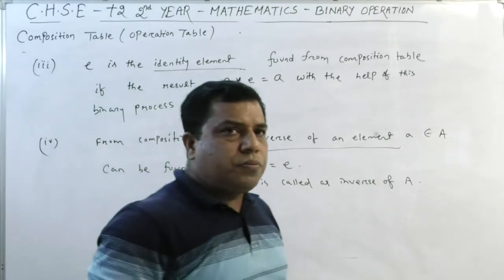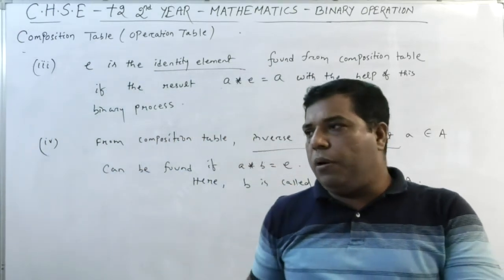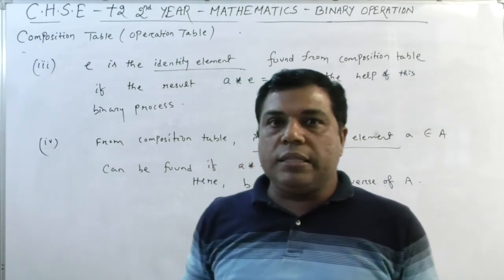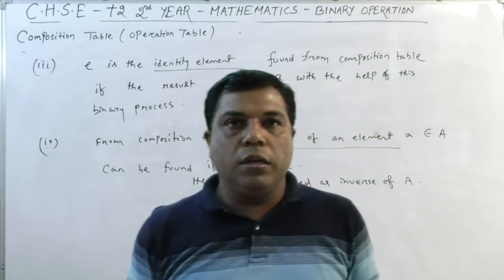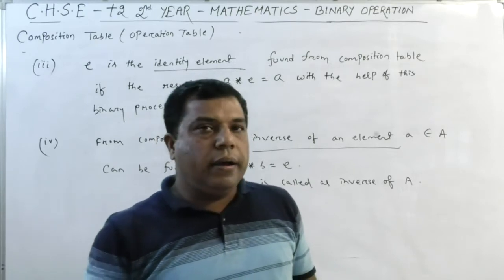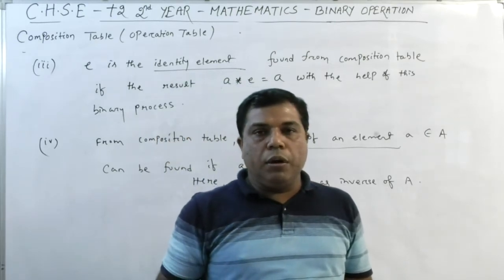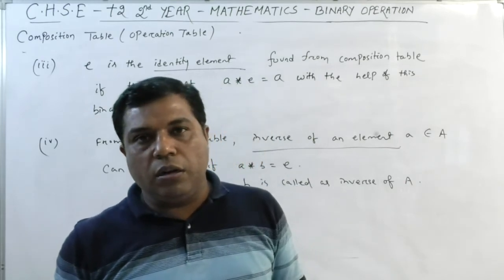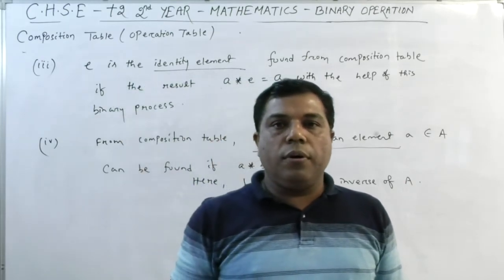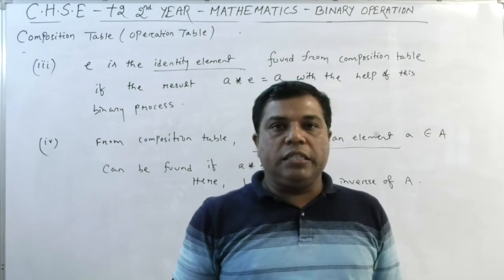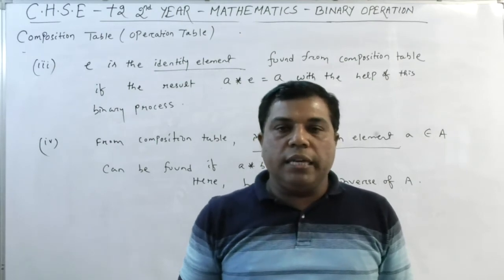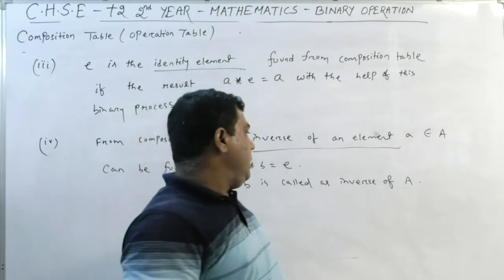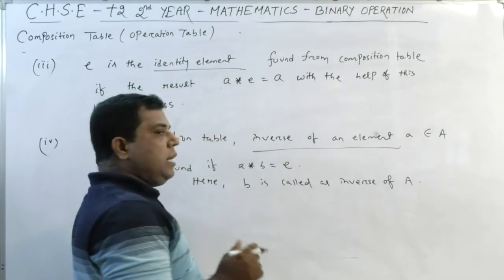So from the composition table we are able to find whether the process is binary or not, whether it is commutative or not, whether the identity exists or not, and whether the inverse of every element exists or not. If the inverse exists, what is its value, and does the result belong to the same set or not.